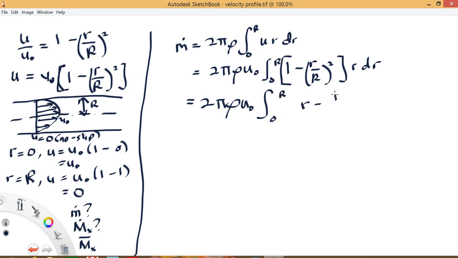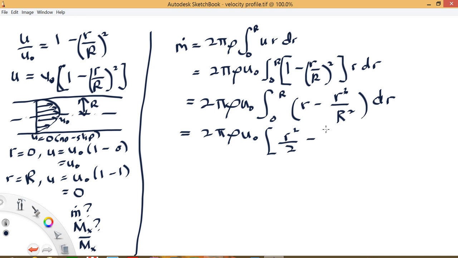So r to the power of 3, R capital to the power of 2. Be careful on this. By right, you should know how to do the integration. 2 pi rho u naught, r squared divided by 2, r to the power of 3 divided by 3, r to the power of 4, you divide by 4.